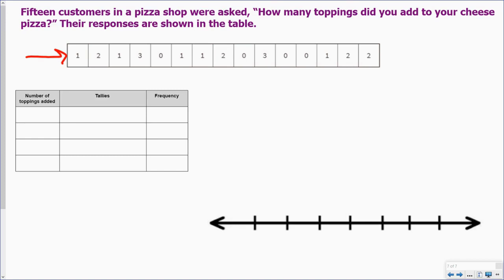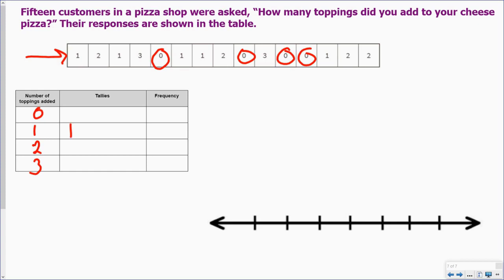Well, I noticed that my smallest amount here is zero. So I'm going to have 0, and then 1, 2, and 3. So now I'm just going to go through again and make my tallies.